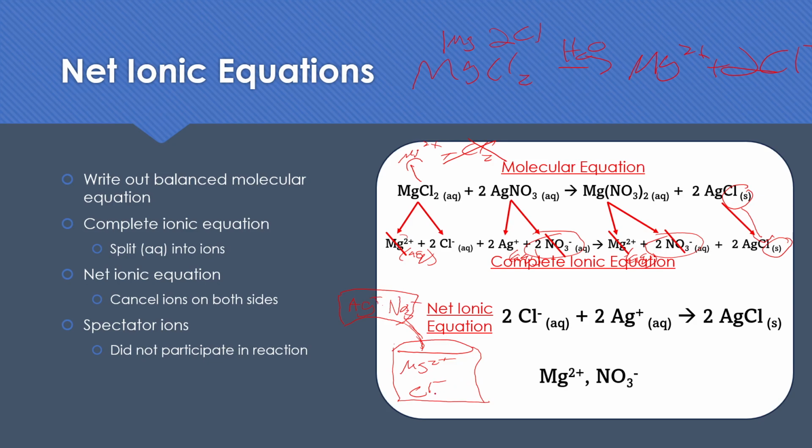Right? And then when I look after the experiment, after I've mixed them, I see solid silver chloride will collect at the bottom. And then I've got magnesium ions and I've got nitrate ions.